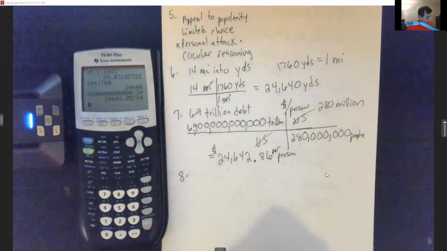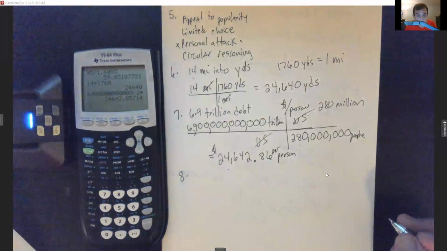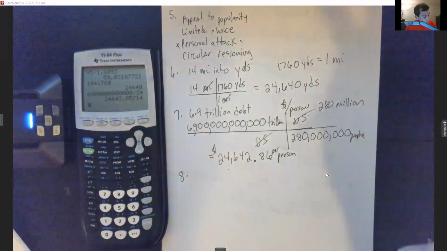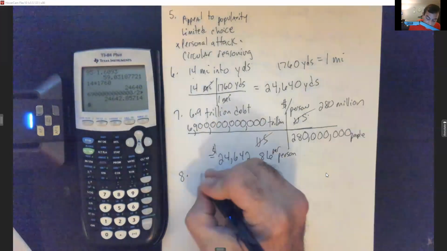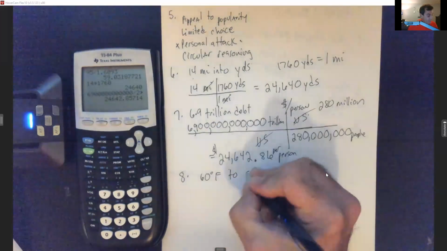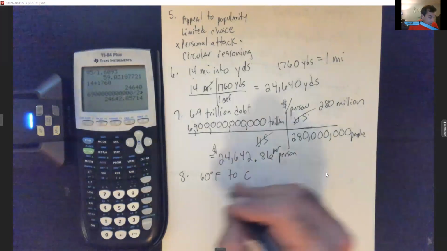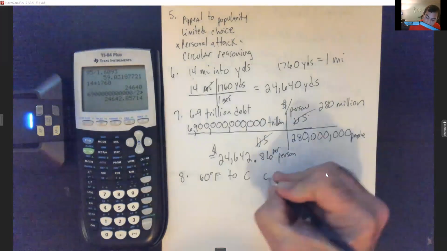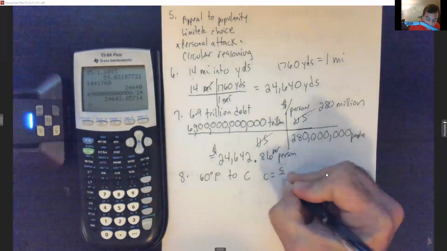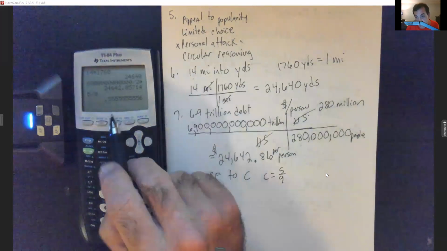All right, number 8, convert the temperature as indicated. Round to the nearest hundredth. So that'll be 2 decimal places. So 60 degrees Fahrenheit to Celsius. So the formula for Fahrenheit to Celsius, Celsius equals 5 divided by 9, or you could put 0.55555 there, okay?